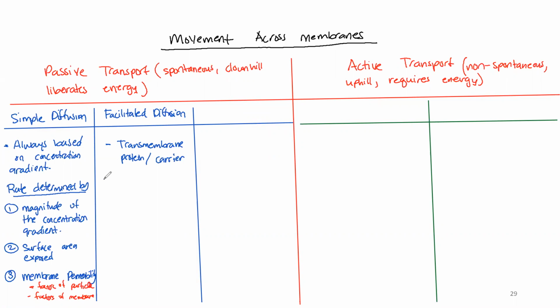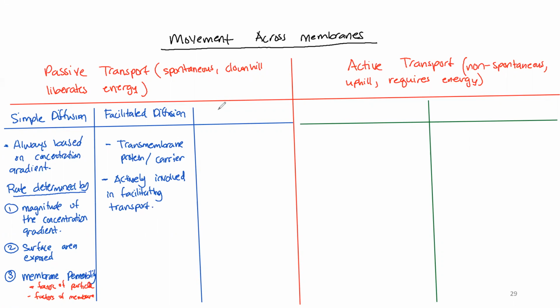Another thing about facilitated diffusion that sets it apart from ion channels is that it is actively involved in facilitating transport. It plays a role through a conformational change. We'll see with channels, they're not so actively involved in that transportation, okay?